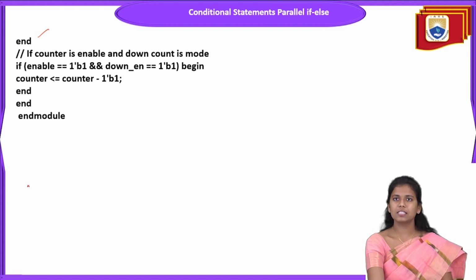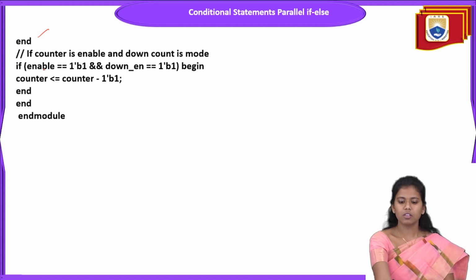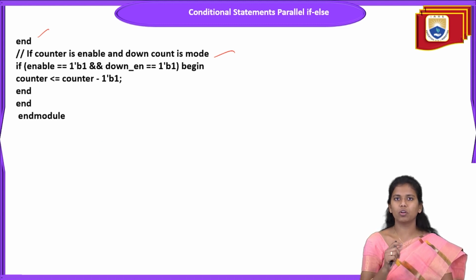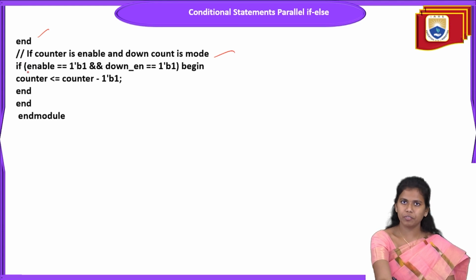And again, as it is a nested if-else if statement, what happens if the counter down counts? Parallelly, I just wanted to know the priority. In order to know the priority of the bits, up counts or down counts, this is the procedure that I'm using. So in this procedure, parallelly I'm counting up as well as counting down using the if-else if statement.